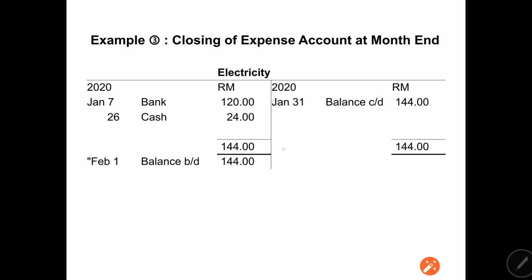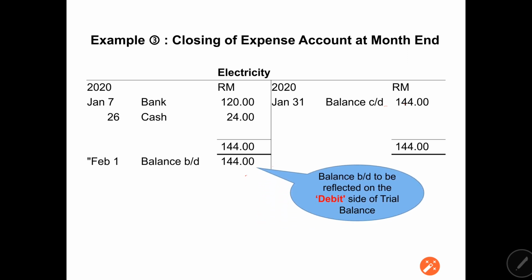So later on, we look at this debit side when we put under the trial balance. Okay, we're not going to look at the balance CD. We are not based on the credit side, but rather on the debit side. Okay, so remember, balance BD to be reflected on the debit side of the trial balance.